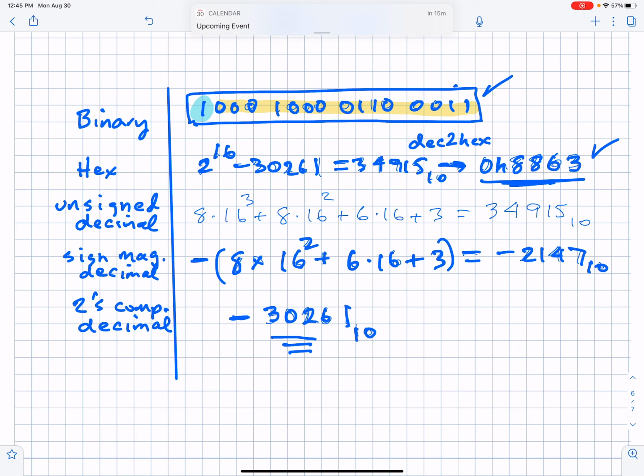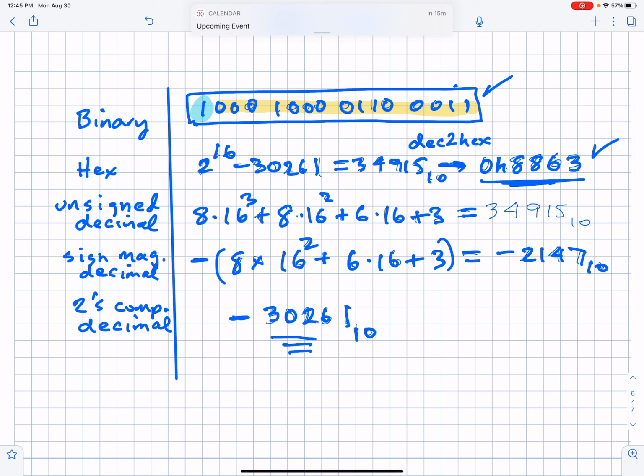Okay, so the sign magnitude representation of that register is minus 2147. Okay, and then finally, what is the unsigned interpretation? If we took an unsigned decimal interpretation of what's in the binary register, I go to the hex line at this point, 8 times 16 cubed plus 8 times 16 squared plus 6 times 16 plus 3.